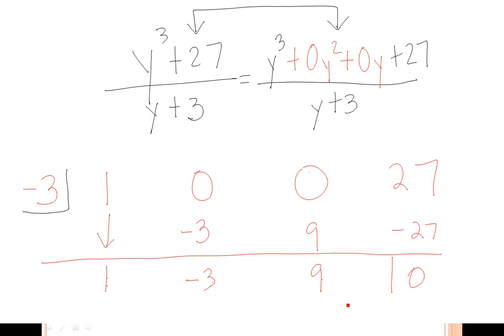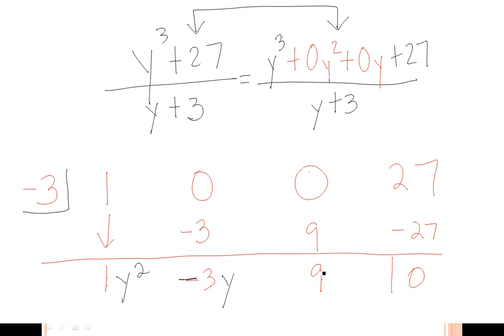So what is our quotient? Since we started with y cubed and we're dividing by y, the first term will be y squared. We always start with the term that is 1 less than the degree in the dividend. So we have 1y squared minus 3y.